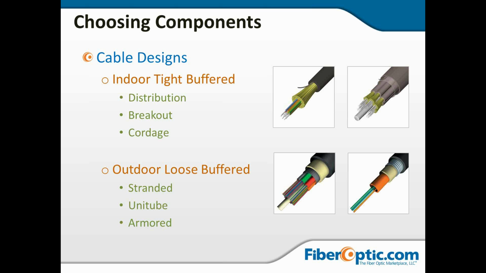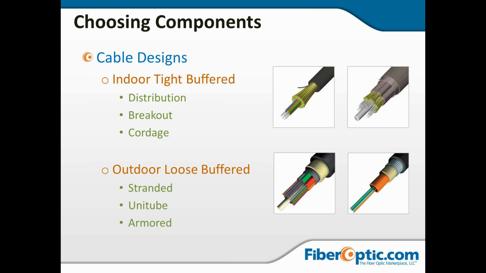So breakout cable is individual simplex cords bundled together. Now this gives you benefits when you're terminating, because if you're going from, say, a patch panel on one side of the room to a patch panel on the other side of the room, or maybe in the next room, and you want to be able to directly tip your jumpers between them, this gives you the option of bundling up all of your patch cords.